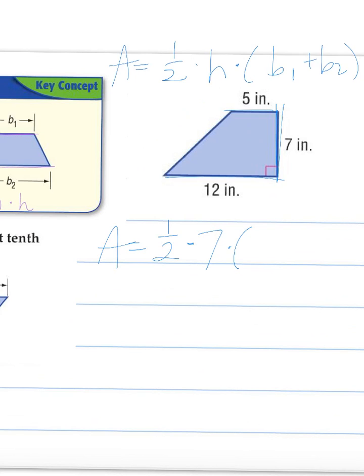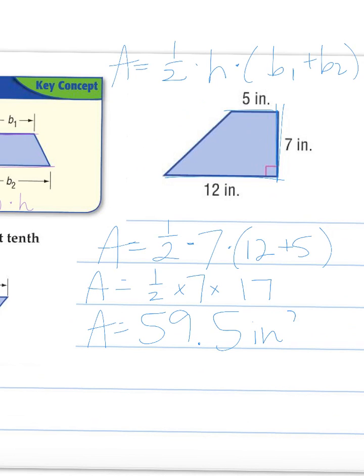Parallel again means they're never going to cross. Add those together. Area equals 1/2 times 7 times 12 plus 5, which is 17. Now I'll go and plug that in my calculator. And I get 59.5 inches, again squared, because we are talking area.